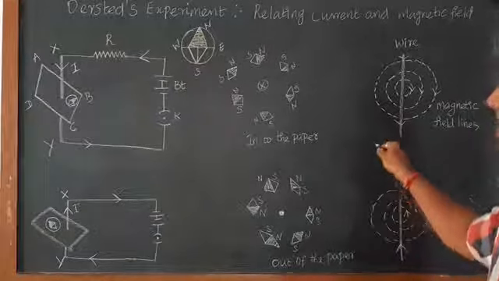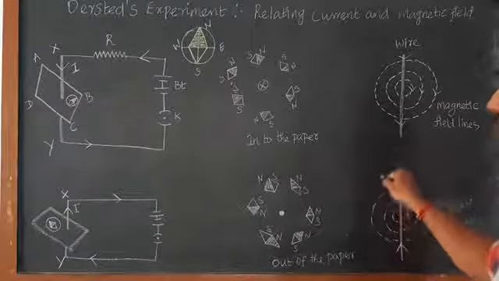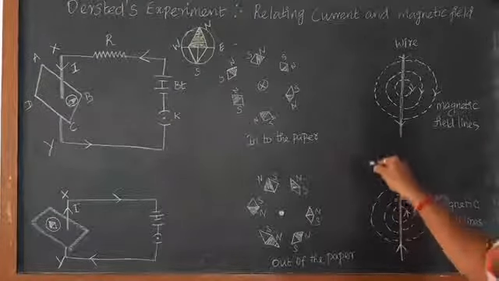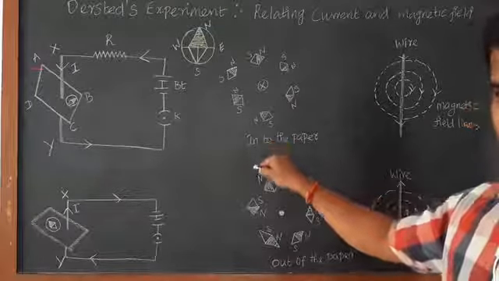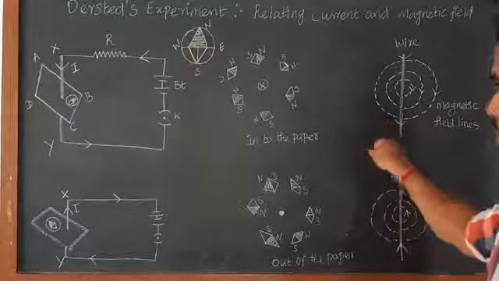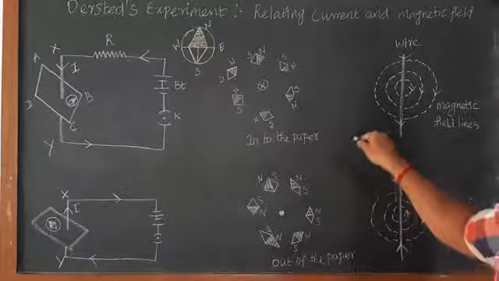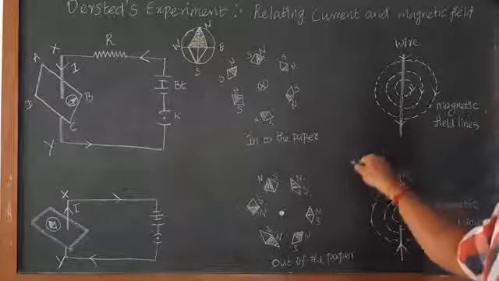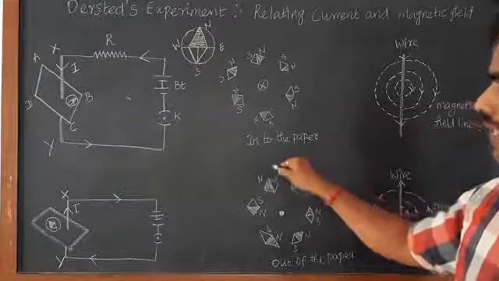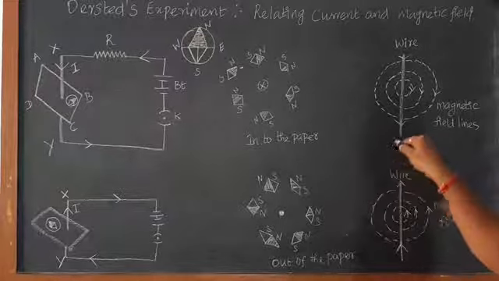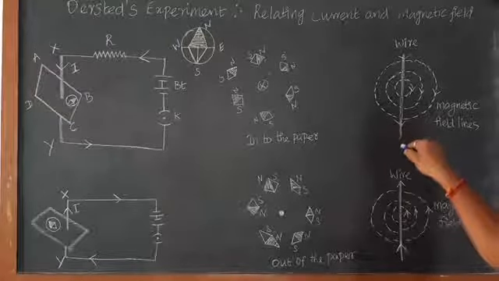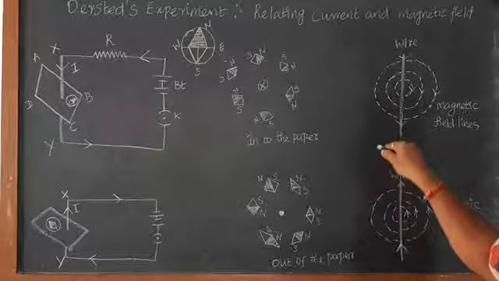These are all compass needles lying in an imaginary circle with respect to this diagram. There is no diagram like this in your textbook, but try to understand what I am going to tell you. If you place the compass needle at this position, the compass needle gets deflected in the east direction.